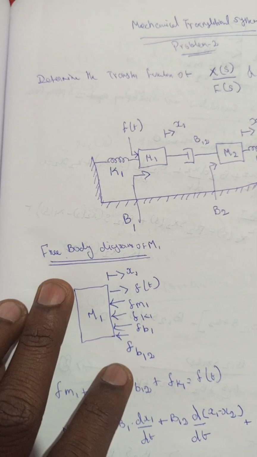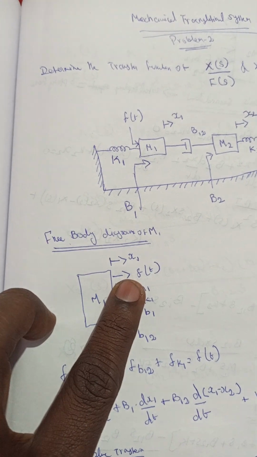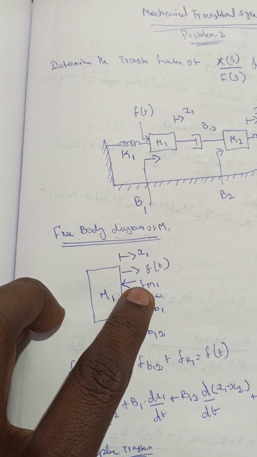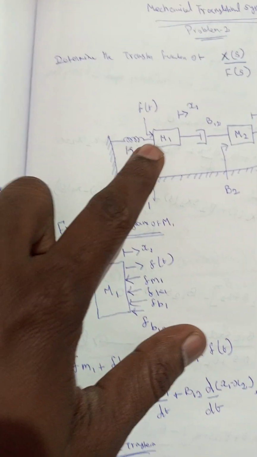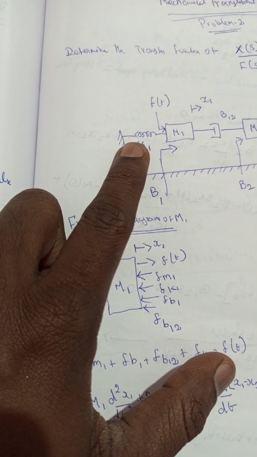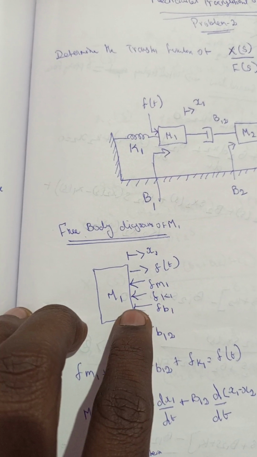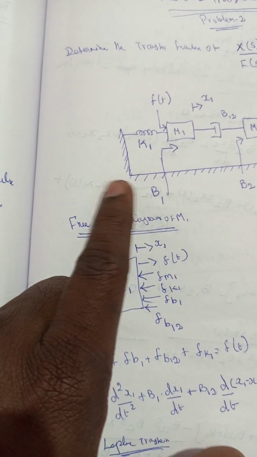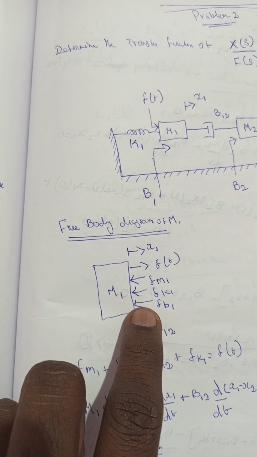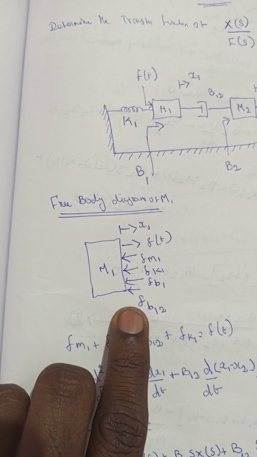So first is the free body diagram. Here you can see F(t) is acting as the force on M1, and the remaining are the opposing forces from mass 1, indicated as F_M1, and the spring acting on M1, indicated as F_K1, and B1, which is a dashpot, indicated as F_B1, and the common dashpot, which is denoted as F_B12.